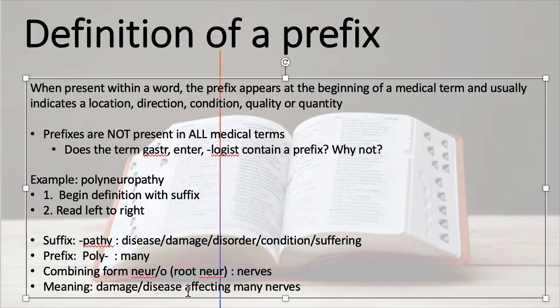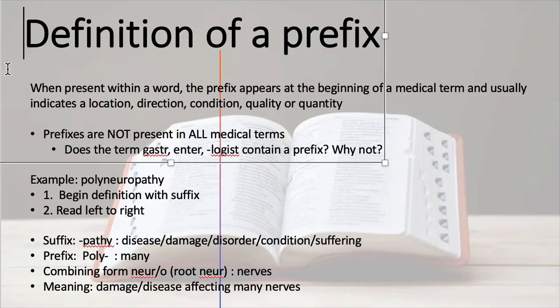So damage, disease, of or affecting many for poly, nerves for neuro. So suffix first, then prefix, combining form or root. So this is basically the approach for answering those questions. We did a bit of practice on this prior to the test, but I just wanted to reiterate and review this approach, especially because we're focusing on prefixes today.